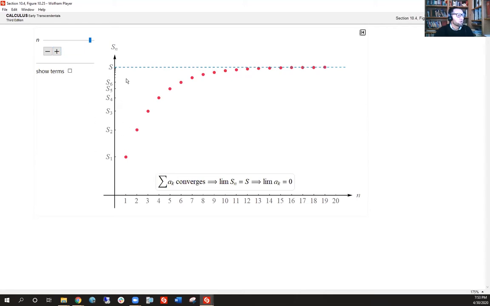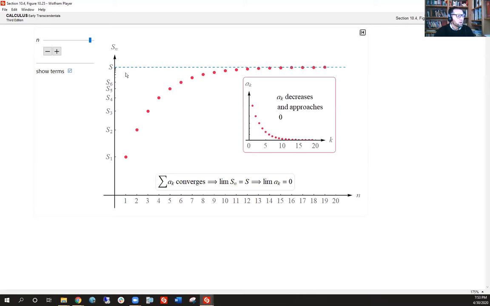And so notice we have our partial sums on the side, but then we have a little checkbox here where we can open up a separate window, and you can see how even as the partial sums are approaching the limit s, the individual terms are all approaching 0. Students tend to understand what's going on in these pretty quickly. They tend to be really, really intuitive. And I, of course, include them in the assignment so students can download them and play with them themselves as well.